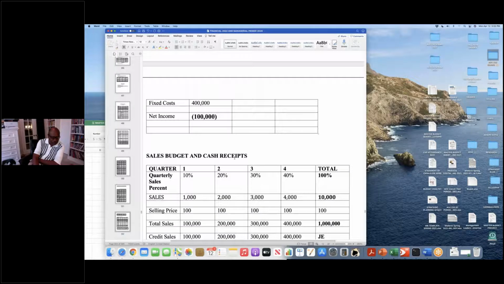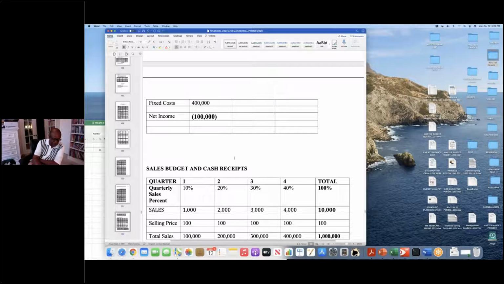So Buford, let's look at a situation that I'm familiar with. We'll go to an Excel sheet in a second.